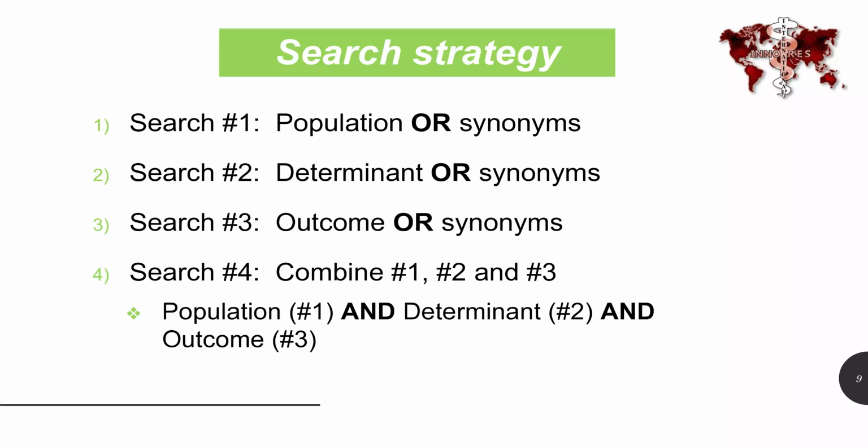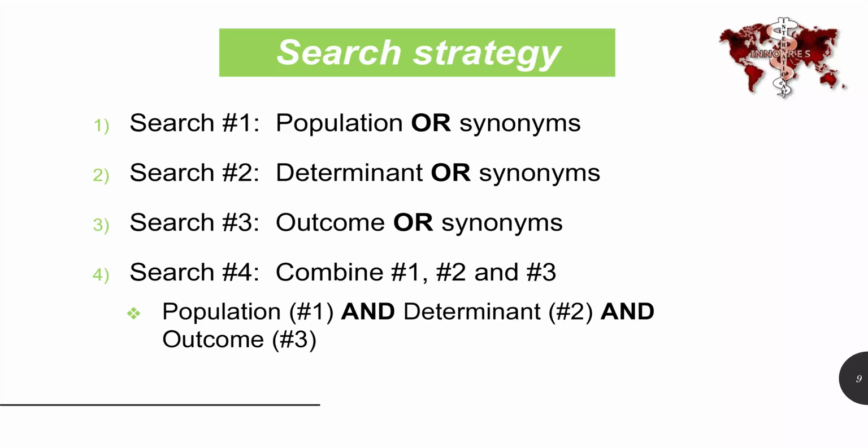For example, let's say our hypothetical research question is about tuberculosis patients, and we are going to find out whether rifampicin or isoniazid is better, like whose efficacy is better in tuberculosis patients. In this regard, our population is tuberculosis patients. Our determinant or exposure is isoniazid and rifampicin given to those patients, and the outcome is the efficacy, like how well they treated the tuberculosis.